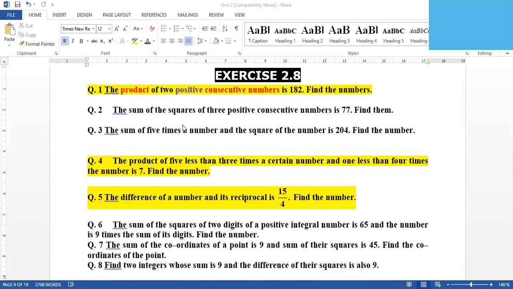I will be solving question number 2, and I would like to solve it on the page. Just wait for a second. Let me switch on the camera.